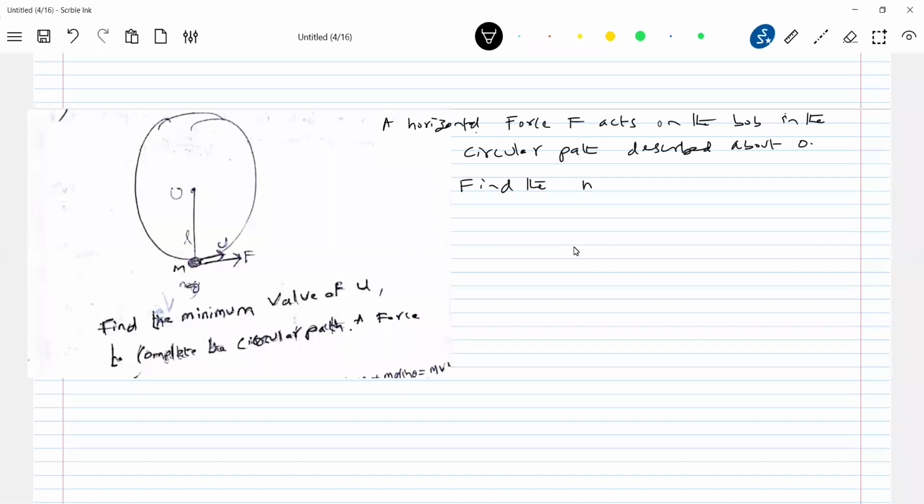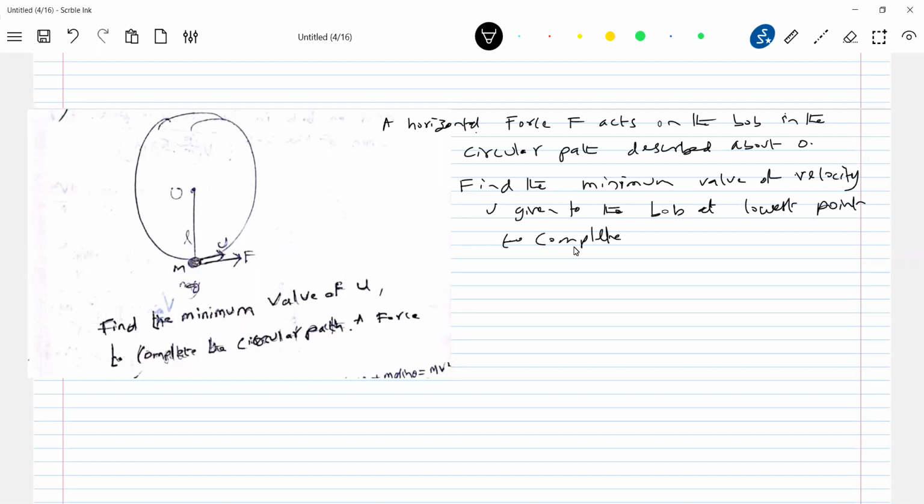Find the minimum value of velocity U given to the bob at the lowest point to complete the circular path.